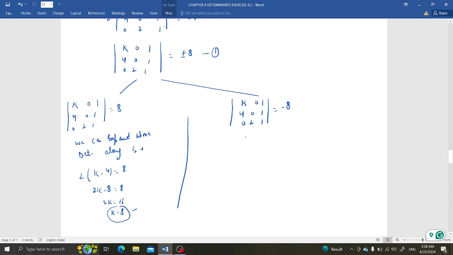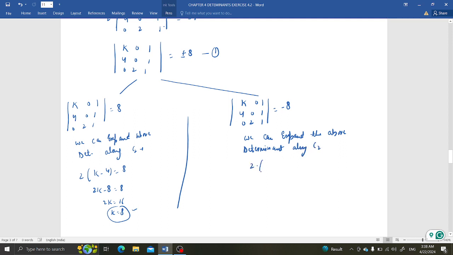Again we are expanding the above determinant along C2.